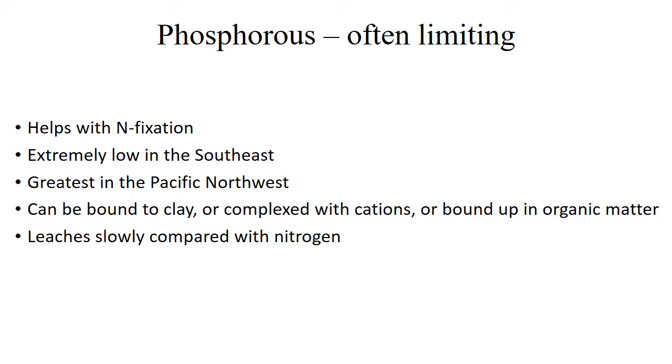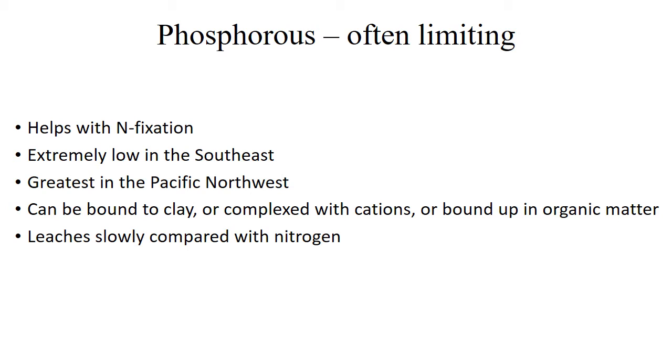So the other really important mineral nutrient for plants in soils is phosphorus. And phosphorus is often the most limiting nutrient for plants. Different soils contain really different quantities of phosphorus. So limestone-based soils tend to be very high in phosphorus. Sandstone-based soils tend to be very low in phosphorus.